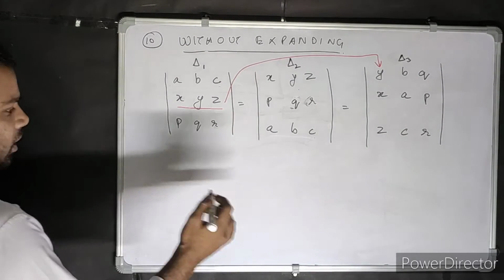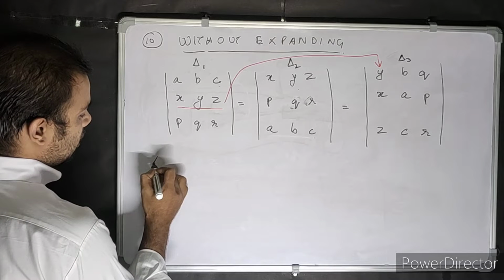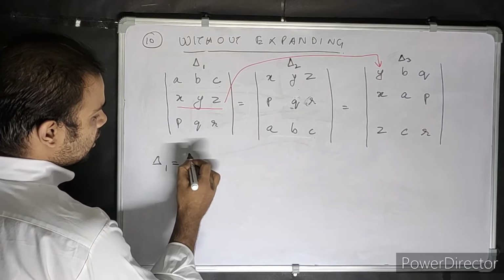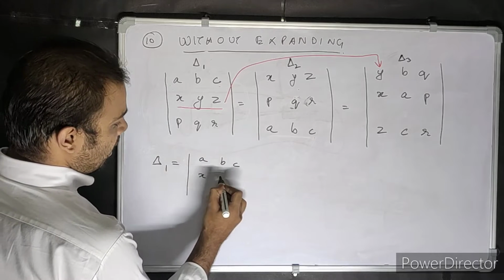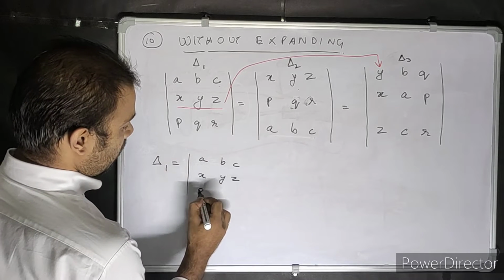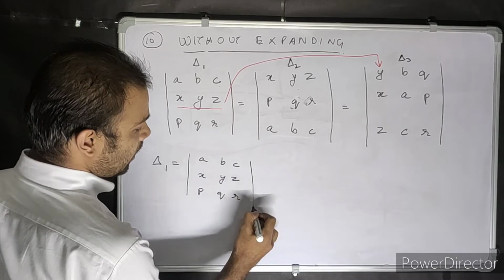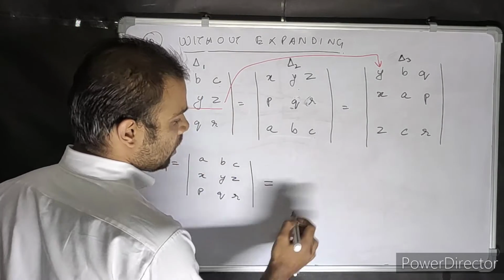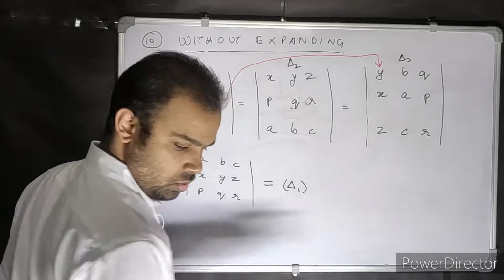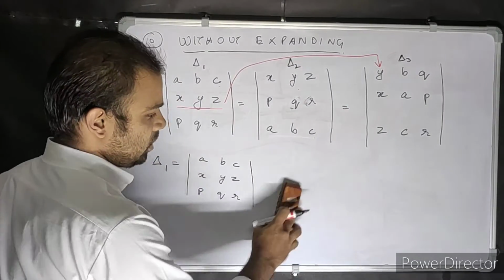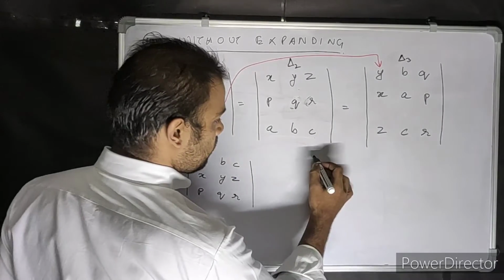So let's start writing. Now the determinant 1, which is equal to a, b, c, x, y, z, p, q, r, has now changed. Let's change it in some way.